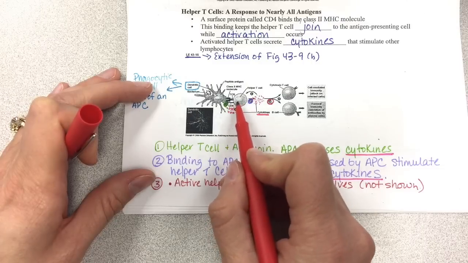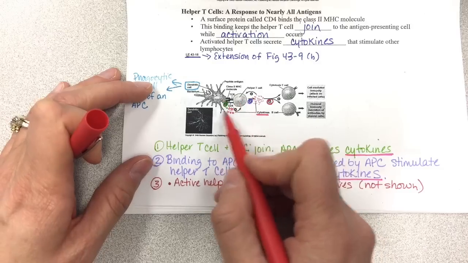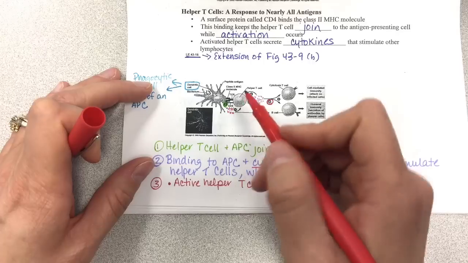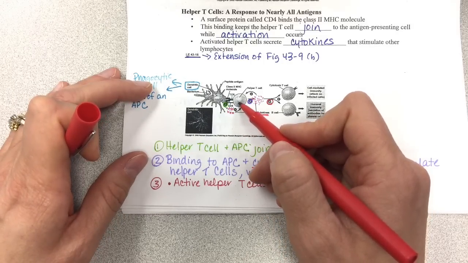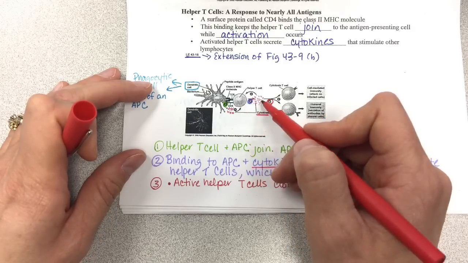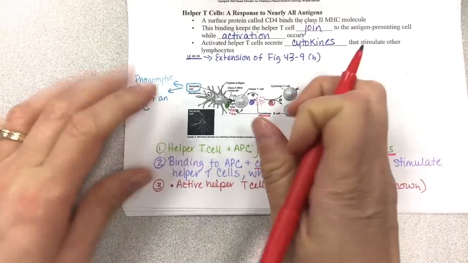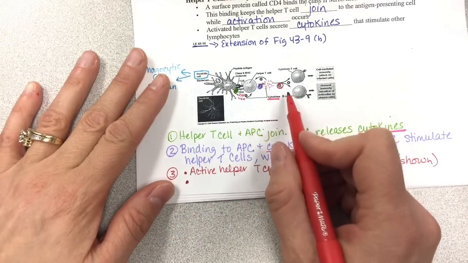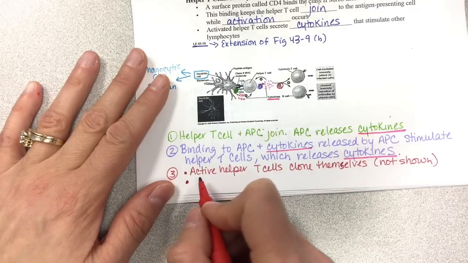So when these guys become activated by binding to the APC and the cytokines chemically signaling them, this is the chemical signaling process where it binds to the receptors, signal transduction pathway, and it triggers it to make and release its own cytokines, as well as divide to clone themselves.